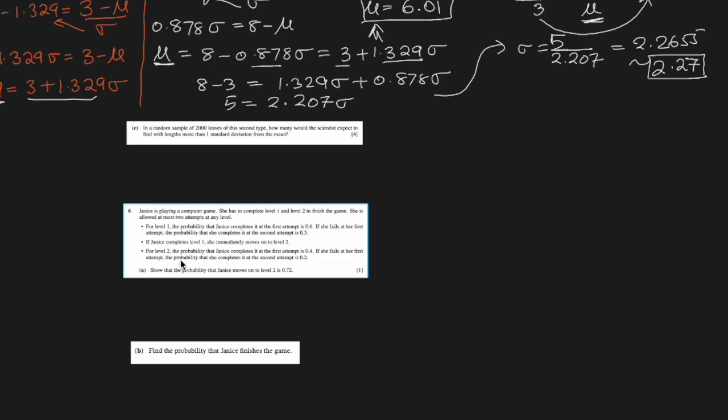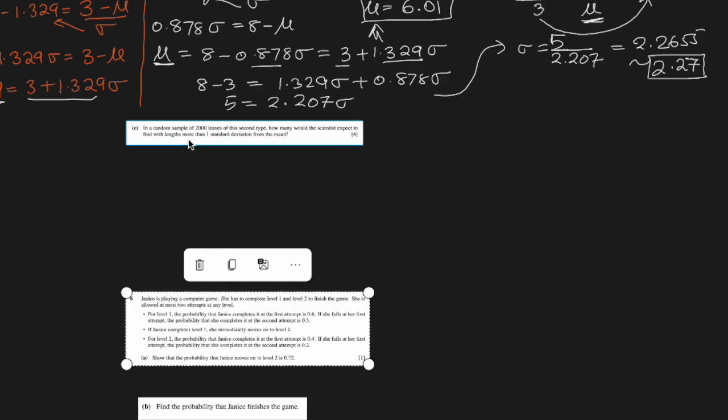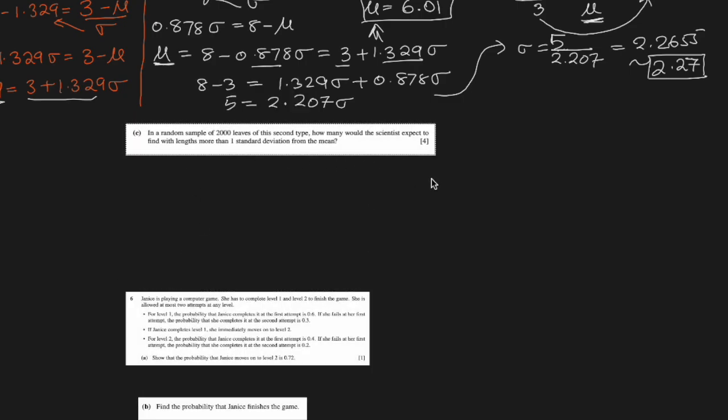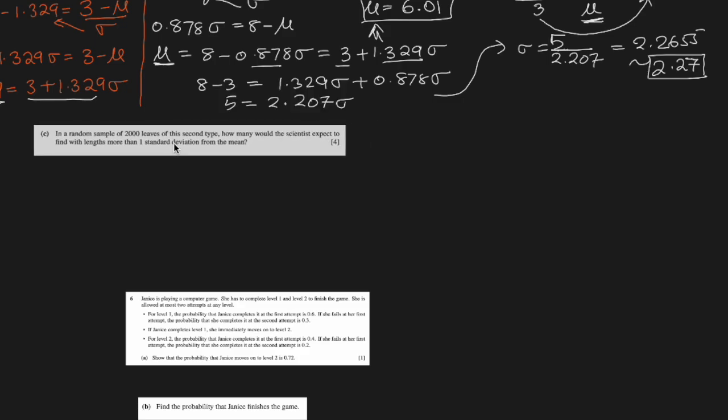The next question is this. In a random sample of 2000 leaves of this second type, the second part we did, how many would the scientists expect to find, not probability, but how many in total, with lengths more than one standard deviation from the mean? So this is the mean.